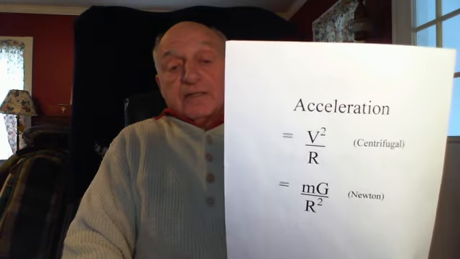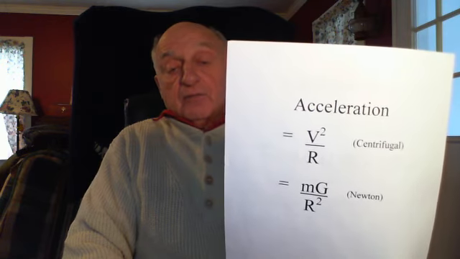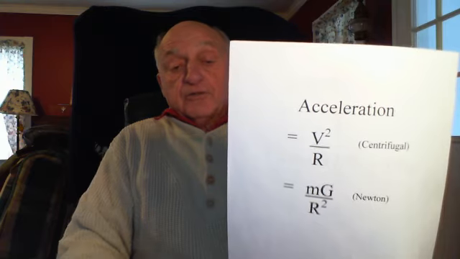And that is the usual explanation for the Moon remaining in orbit, and involves a force of gravity. But I'm going to use energy instead of force as the reason why the Moon stays in orbit.